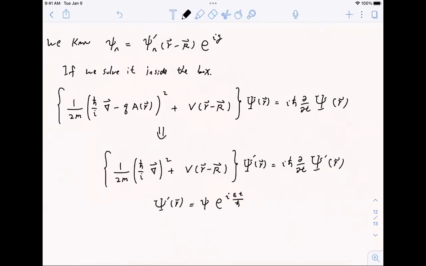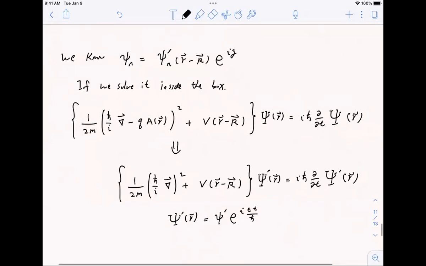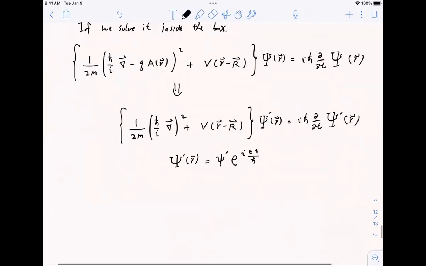You set it to be like this. Then this original one will pick up this phase.